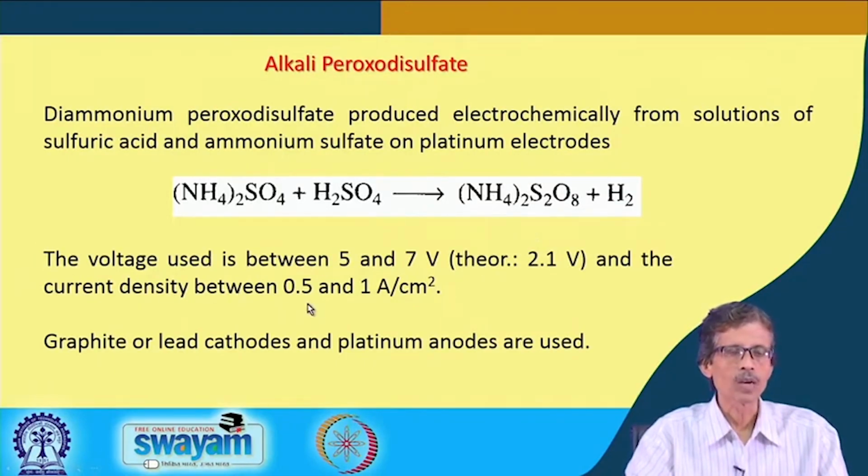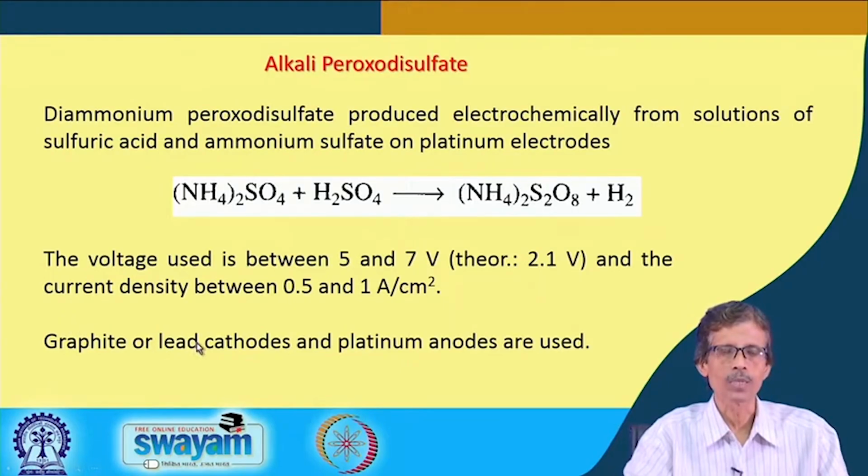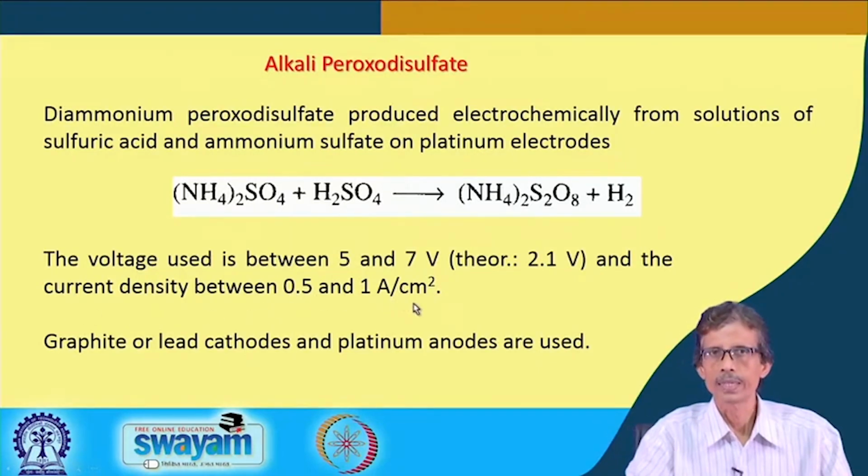And for this particular case, the voltage window is 5 to 7 volt, because theoretically we can use 2.1 volt, but for overvoltage we have to cross that limit and go up to 5 to 7 volt, with a current density between 0.5 to 1 ampere per centimeter square useful for this production.